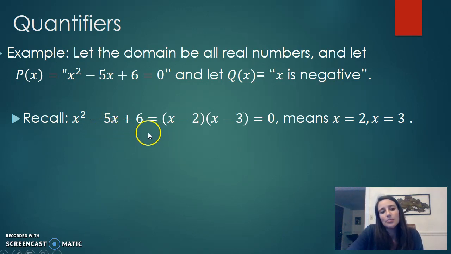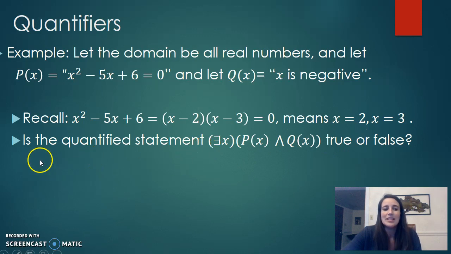And the two numbers that accomplish this, multiply to be positive 6 and add to be negative 5, are negative 2 and negative 3. So if we set each of these factors equal to 0, we would get two solutions. We would get either x equals 2 or x equals 3.